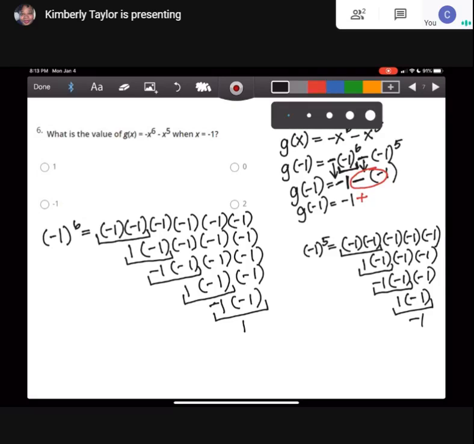And then this becomes a positive 1. So negative 1 plus 1 is equal to 0. So G of negative 1 is equal to 0. That's your answer. So which answer choice is it? It's going to be this one here. Okay, let's keep going.